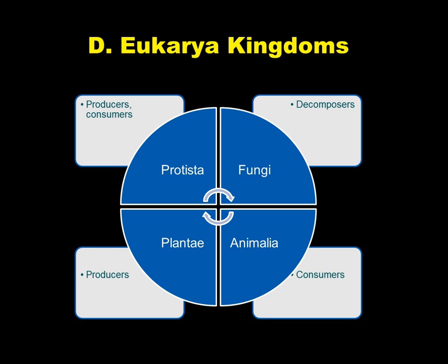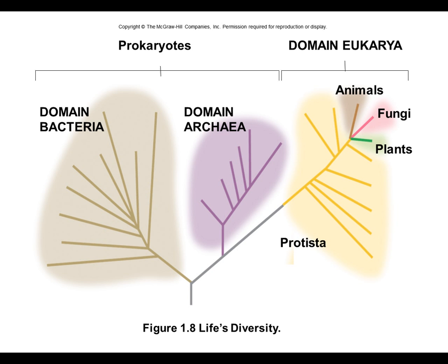All of these organisms are very much interdependent upon one another. So those are our four kingdoms. If we step back and look at all of the domains, we said our archaea and bacteria are called prokaryotes, and everything else is a eukaryotic organism.